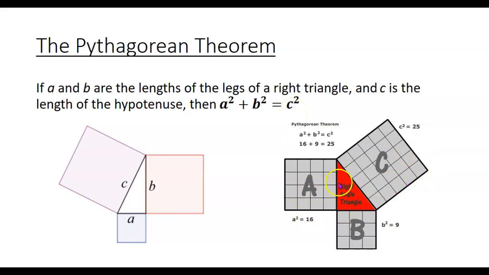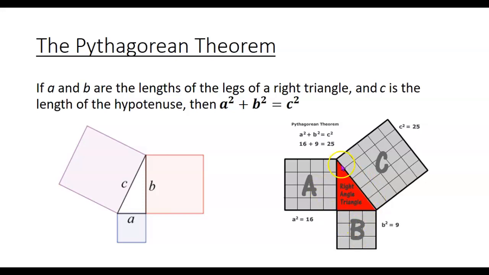For example, here's a right triangle where the two legs have lengths 4 and 3, and the hypotenuse has a length of 5. So 4 squared is 16, 3 squared is 9, and if you add those together, 16 plus 9, that's equal to 25.